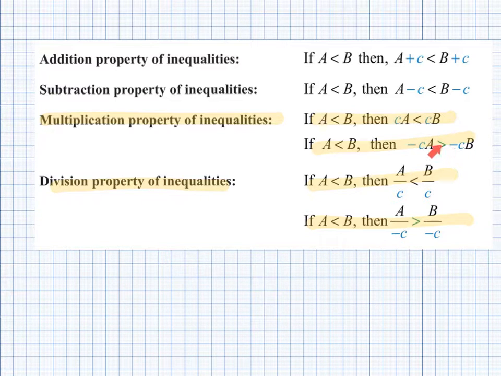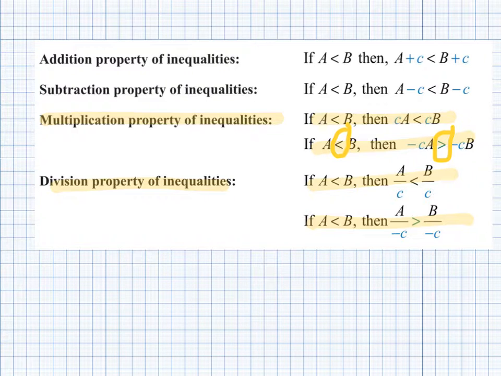So you'll notice right here that we changed the direction of the inequality. Here we had less than, and when we multiply by a negative number with inequalities, it's going to change the direction of the inequality.